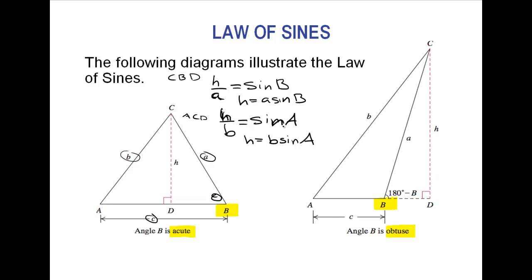Because they're both equal to H, so they're equal to each other. A sine B equals B sine A.